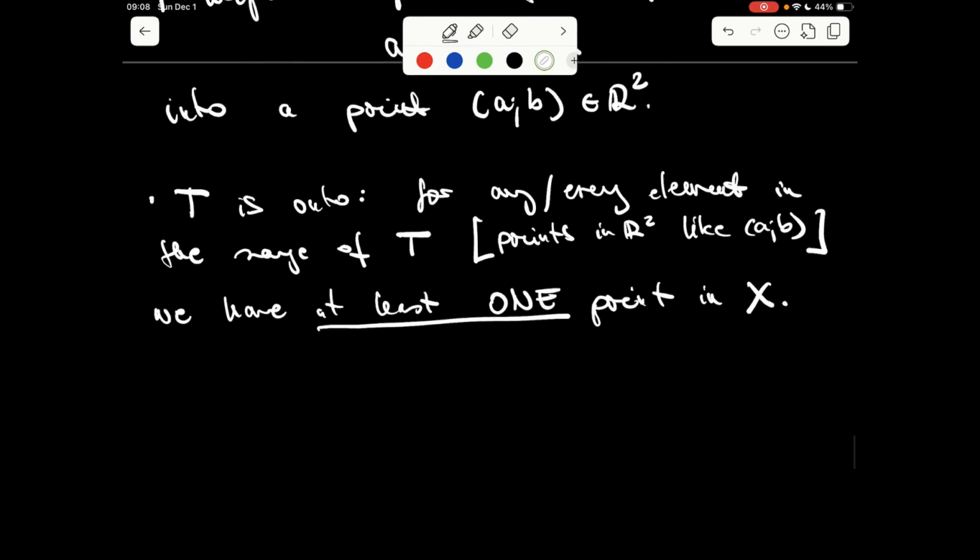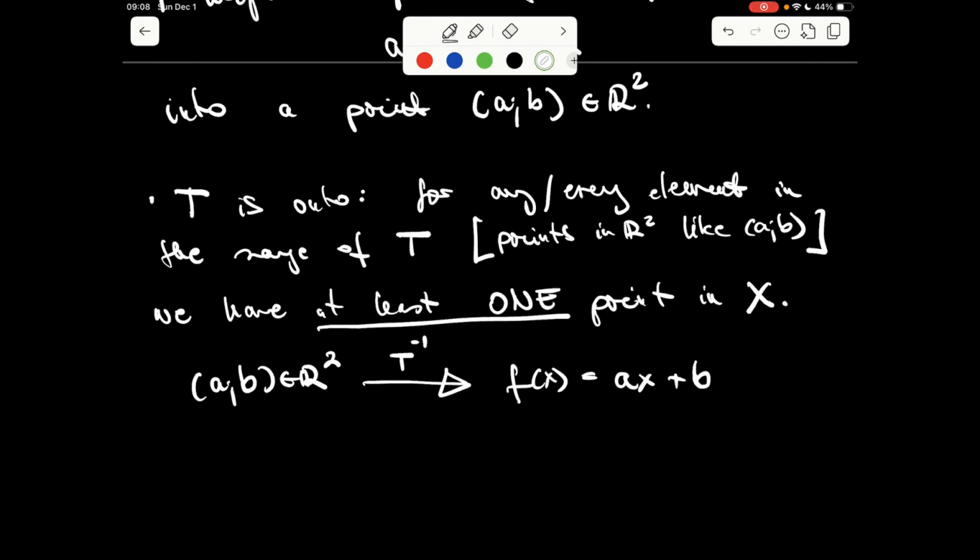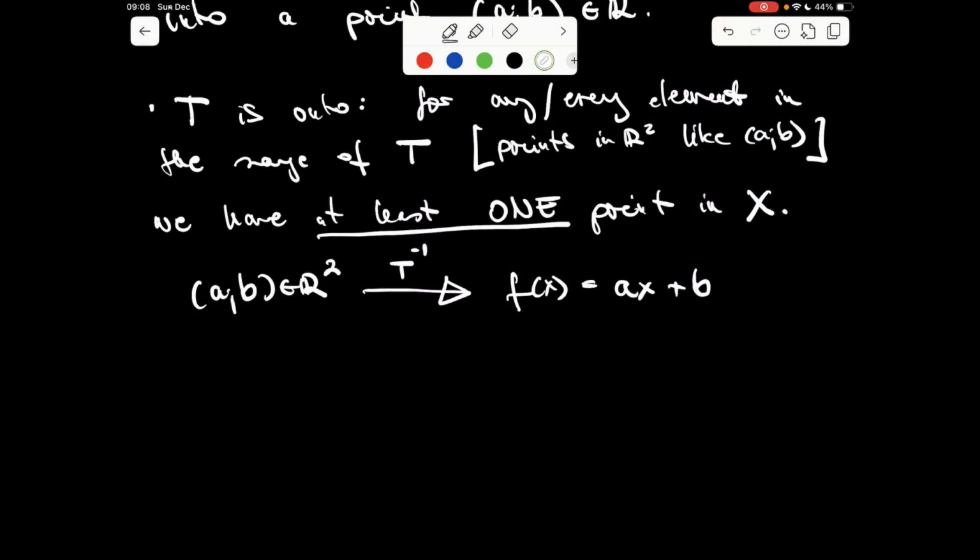Because if we have a point in R squared, we can go back through T to a function in the form of Ax plus B. And this is unique. This is an additional feature. The point in X is unique. Okay, so yes, T is onto.